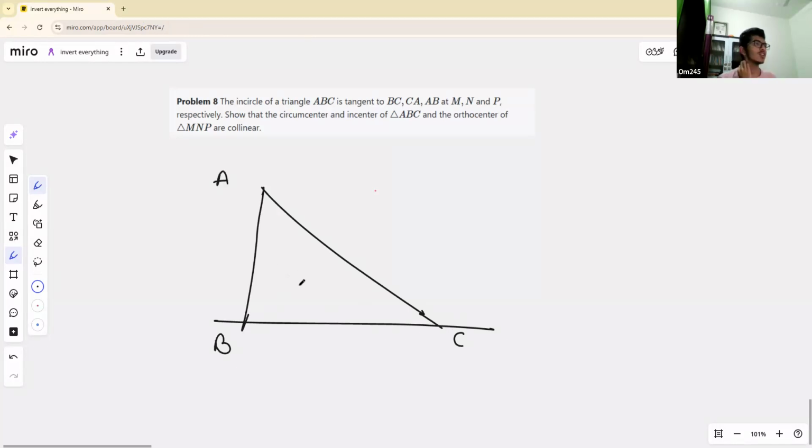Okay, let me explain the question. You have the incircle touching the sides of ABC at M, N and P. Then your incenter I, your circumcenter O, and all this.